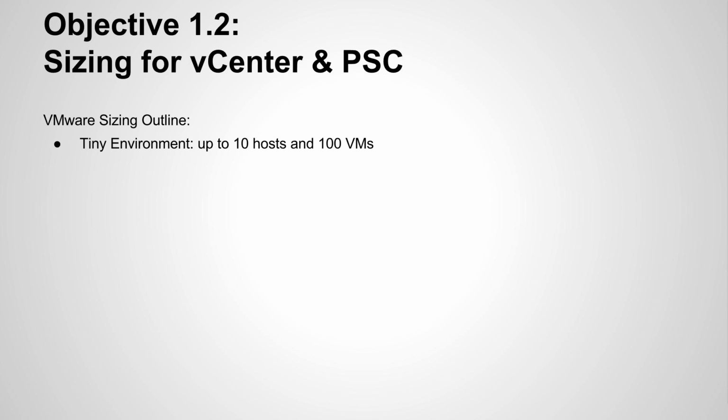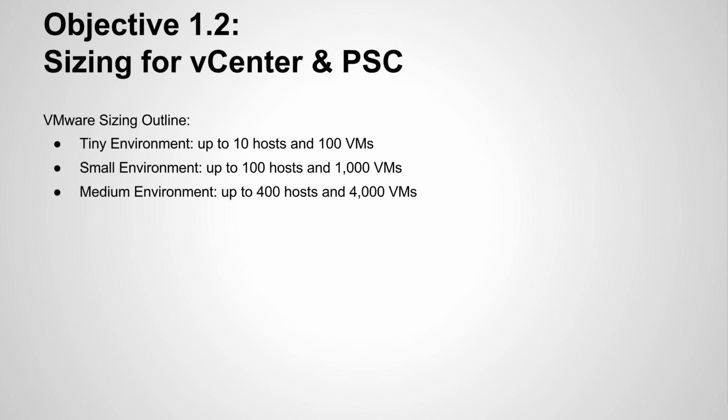So what they're doing is they're going to classify it as tiny, small, medium, and large. Tiny is going to be your 10 hosts and 100 VMs. Small is going to be your 100 hosts and 1,000 VMs, so they're increasing it by 10. Medium is going to increase that by 4, up to 400 hosts or 4,000 VMs. Then you're going to finish off with large being 1,000 hosts and 10,000 VMs.